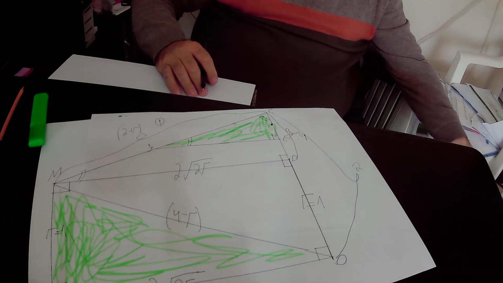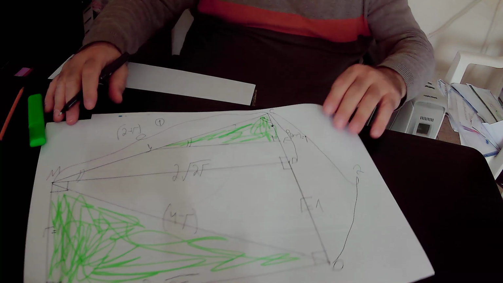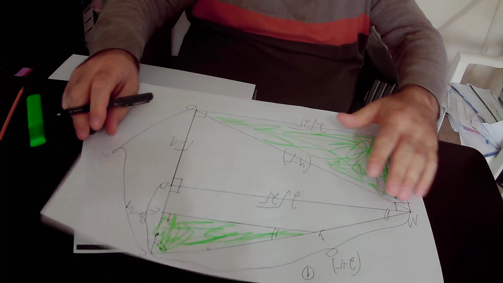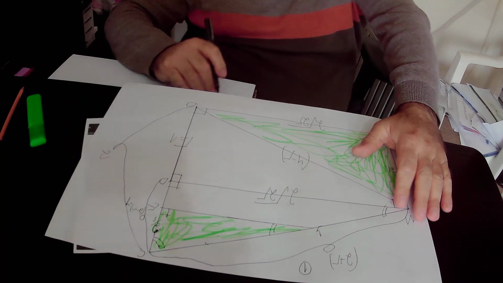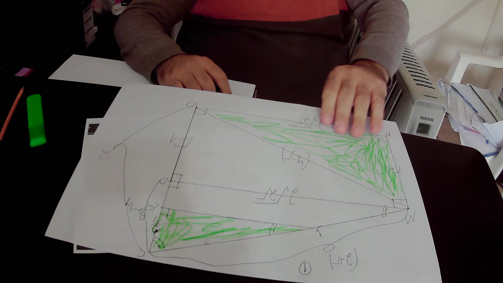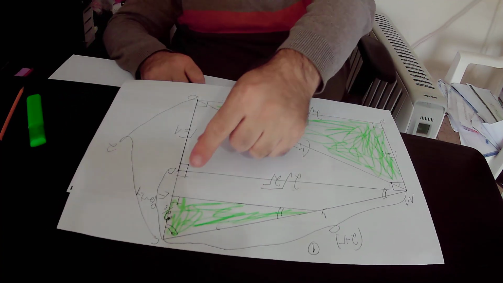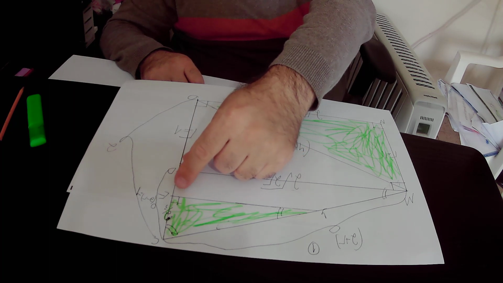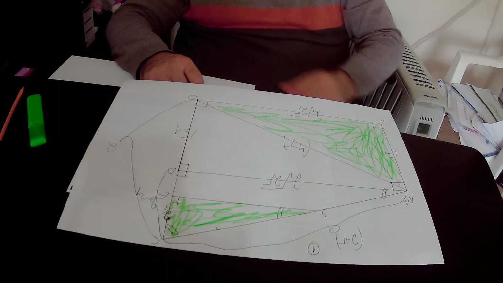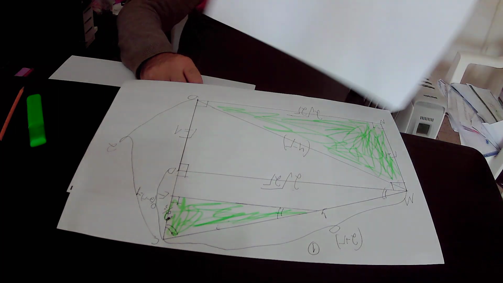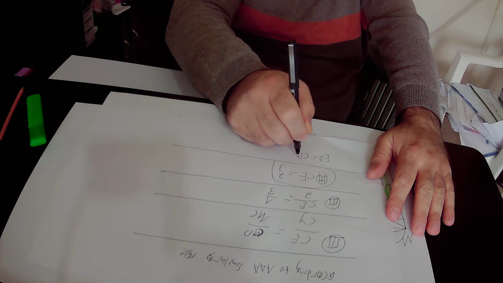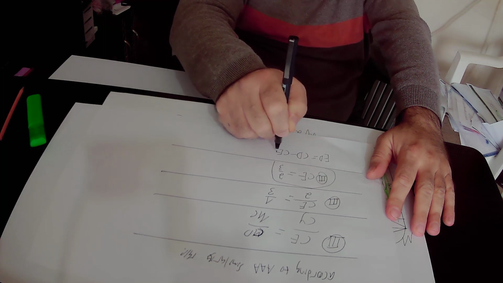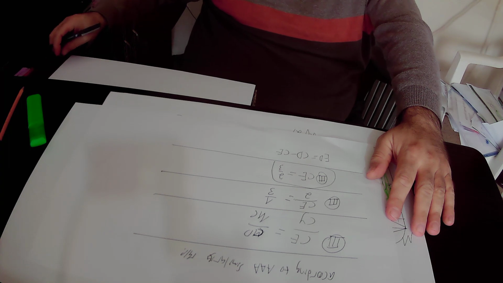So we can write here that CE equals 2/3. And what is the value of ED? You can see from the drawing that ED equals CD minus CE. So we can write here that ED equals CD minus CE.